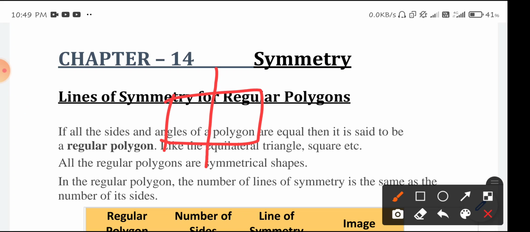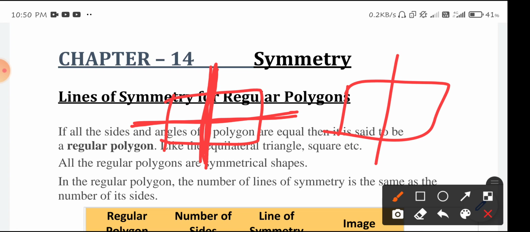If you can divide it into two parts from the center, vertically and horizontally, symmetry means it is a figure which is identical on both sides, or which is the same from both the sides. So you can see, if it is a rectangle and you divide it from the middle, both parts are the same.